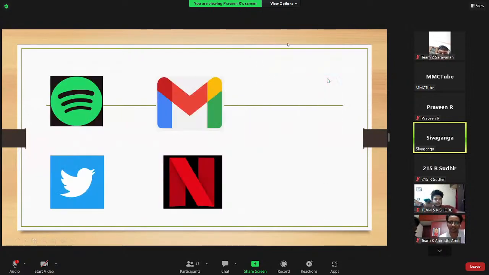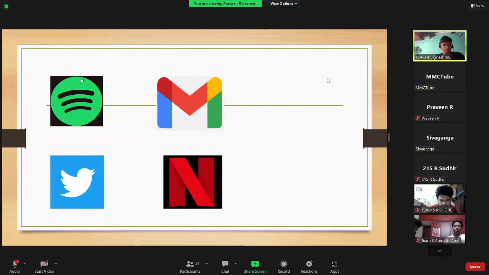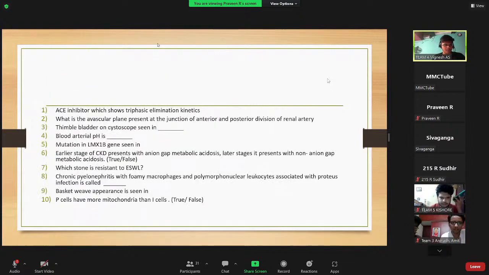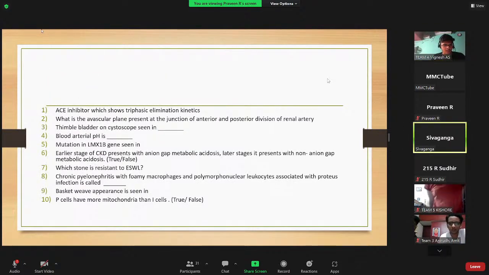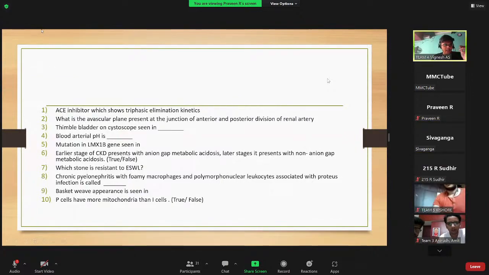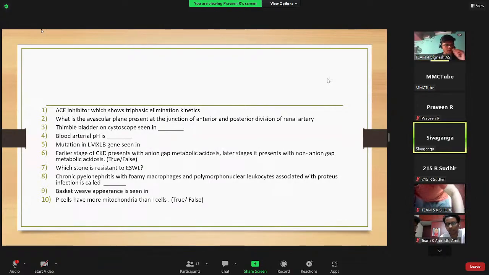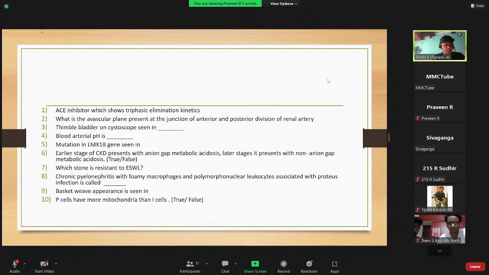Ravi. Team 4, what set you want to choose? Spotify. Okay, your time starts now. Second one, Brodel's line. Simple bladder TB. Renal TB. Ninth one, Alport syndrome.